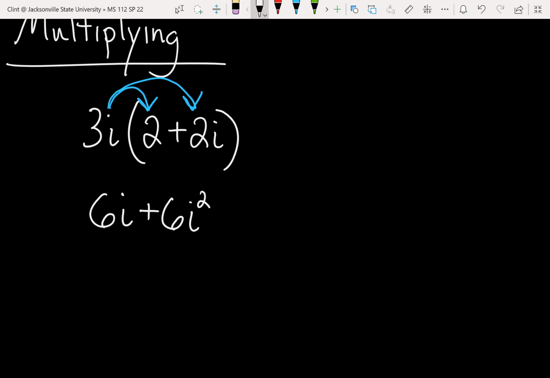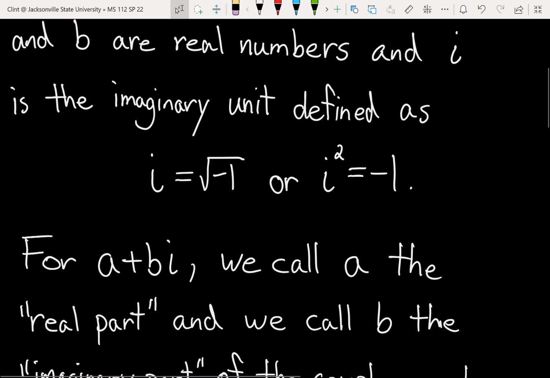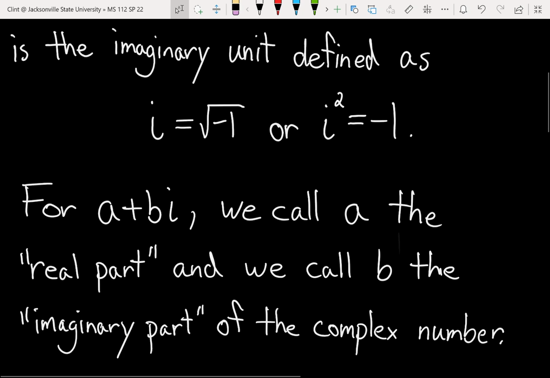And the issue here is this is not fully simplified. With complex numbers, we don't want to leave i squared in there, because we can simplify that. i squared is -1. So anytime we have an i squared, we can replace it with a -1.